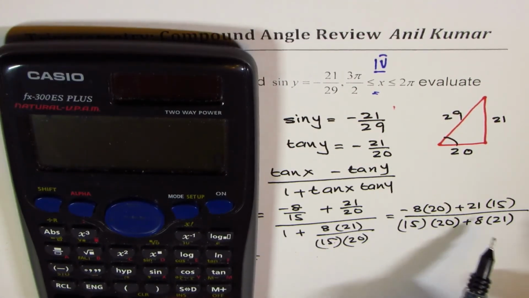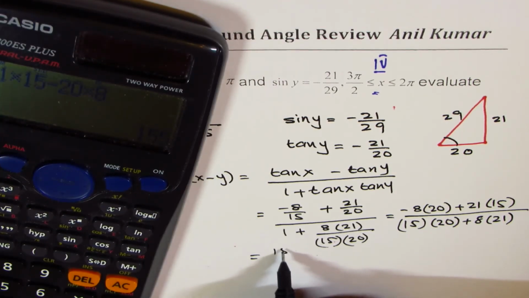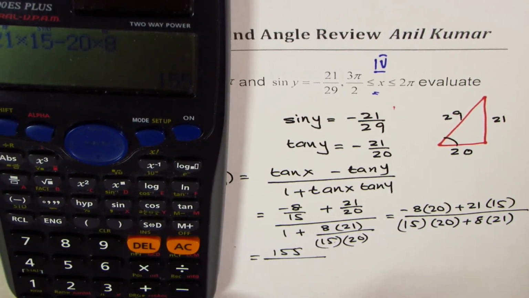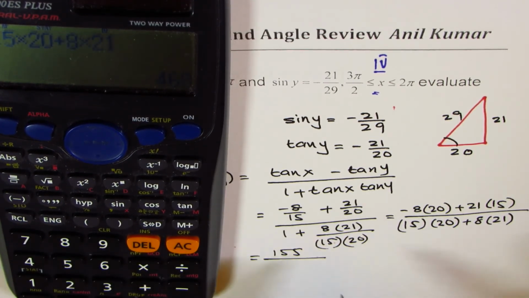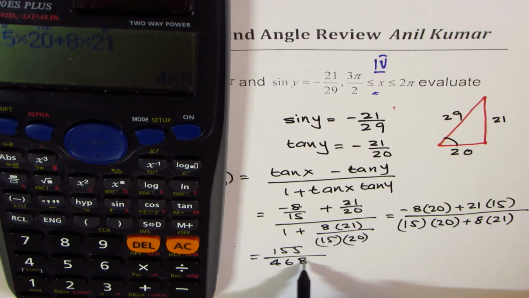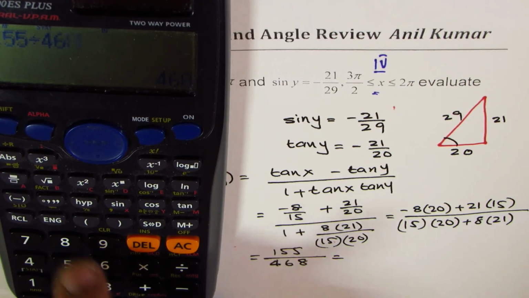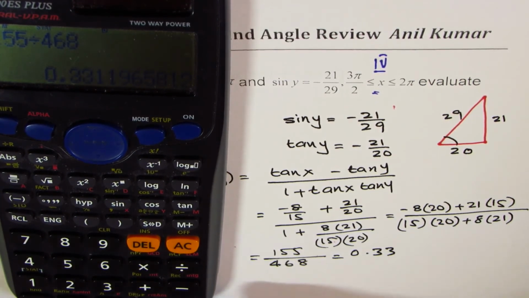So we'll do 21 times 15, take away 20 times 8 in the numerator, which is 155, divided by 15 times 20 plus 8 times 21, which is equal to 468, and you can divide 155 by 468 to get your final answer, which is 0.33, right?